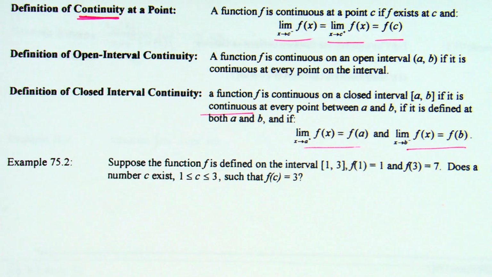They tell us the function is defined on the interval from 1 to 3. So the function exists on the interval from 1 to 3. They're telling me the endpoints. One endpoint, f of 1 equals 1. The other endpoint, f of 3 equals 7. Does a number c exist between 1 and 3 such that f of c equals 3?